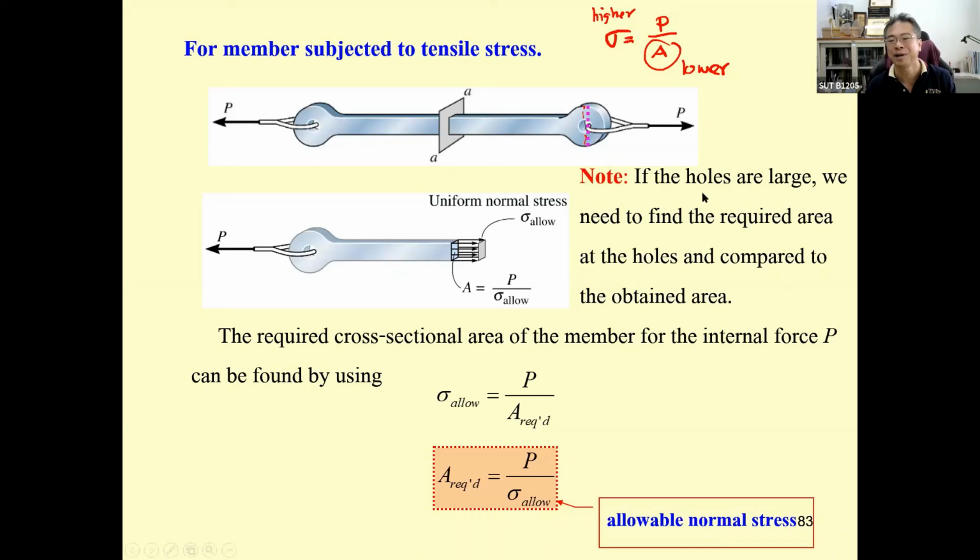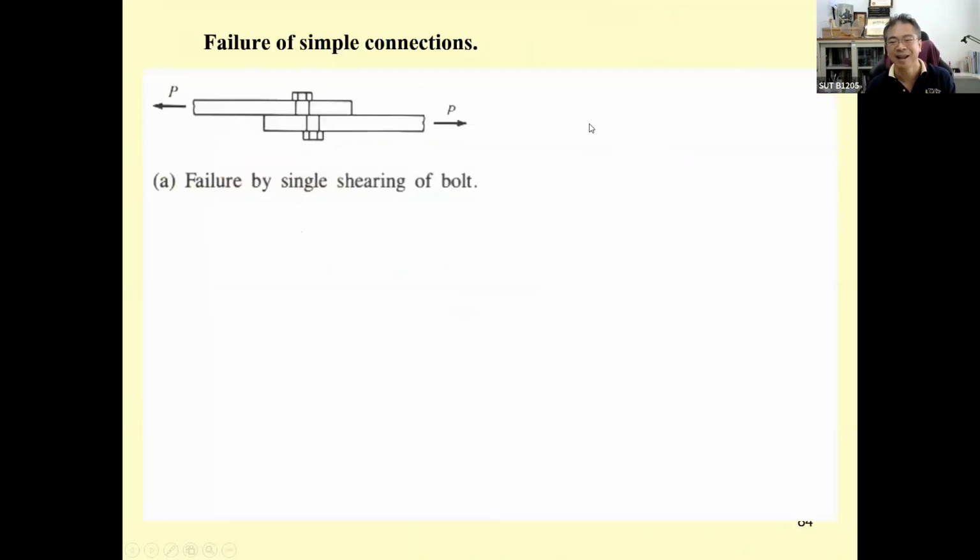The hole, I explained, is large. It's going to produce a failure over here. And for the shear of the section, if the connection is connected by very small bolts, the failure may be for this one only two portions, due to the single shearing.